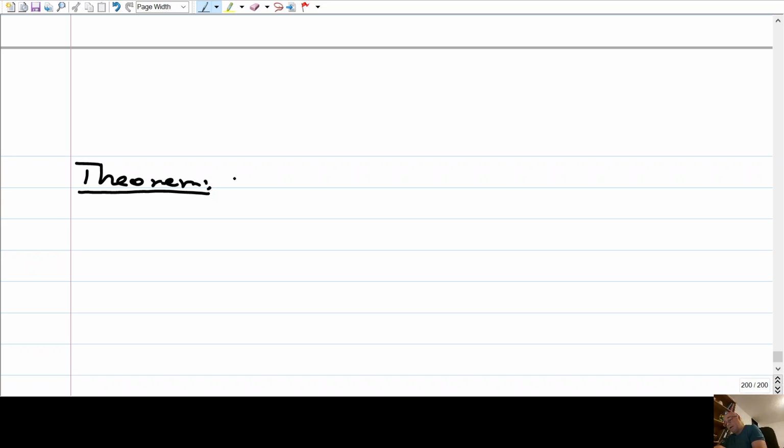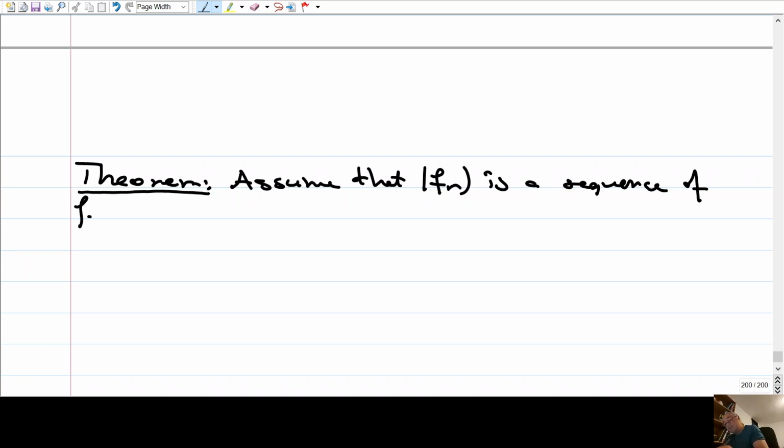So assume that Fn is a sequence of functions on some interval like this.